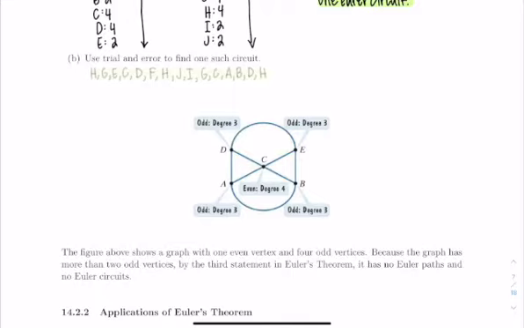Just as a side note for the previous one, we can write this instead of just drawing on the graph by writing the letters in the order that I'm hitting them.